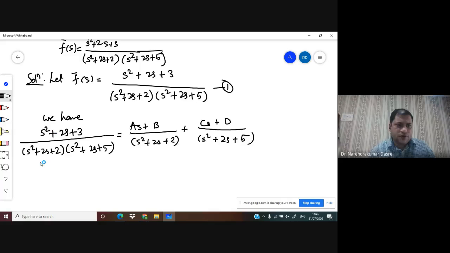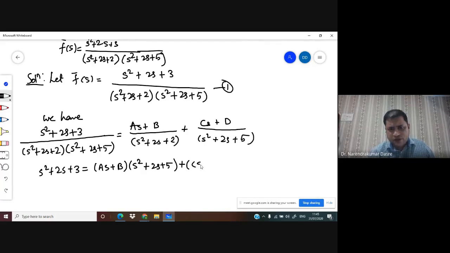Now we have to simplify this, so we get s square plus 2s plus 3 is equal to, use proper brackets please, (as plus b) into (s square plus 2s plus 5) plus (cs plus d) into (s square plus 2s plus 2).